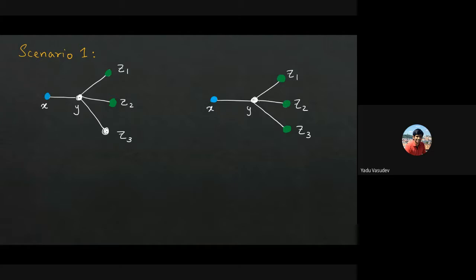Y is some vertex; you don't really care whether it is in the independent set or not. Y can have at most 3 neighbors. The green represents the fact that these are part of I. So it is possible that Z1 and Z2 are in I, or Z1, Z2, and Z3 all of them are in I.